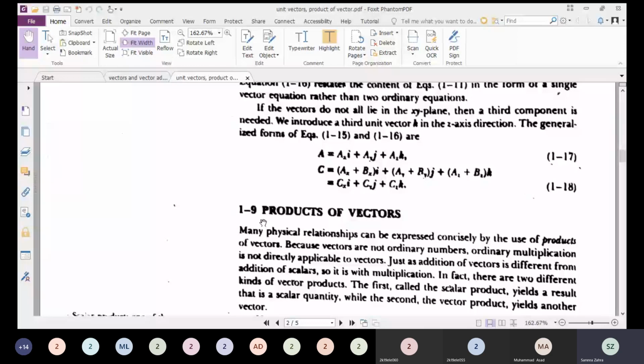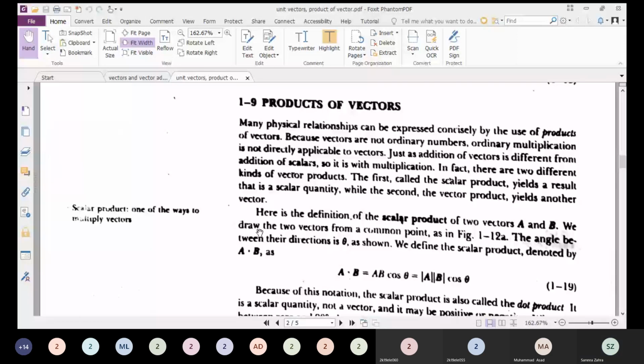If two quantities, when multiplied, give you a scalar quantity, you take a dot product. And if two quantities give you a vector quantity, then we take a cross product.